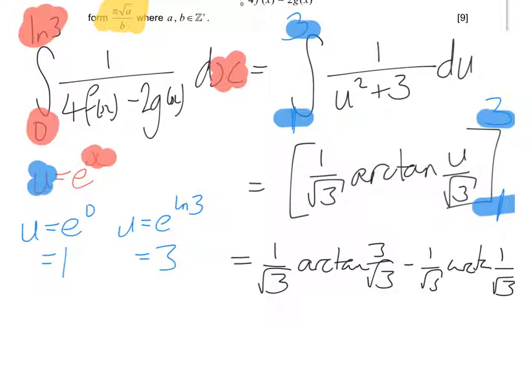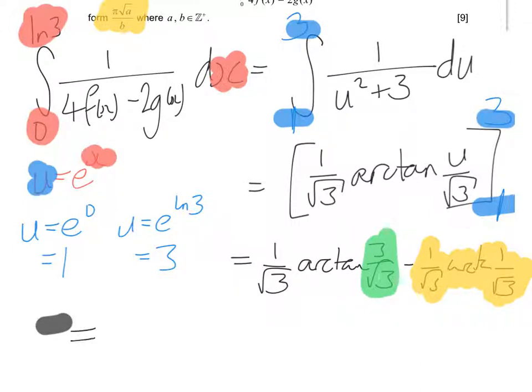Well, one of them is relatively trivial, because you should know arctan of 1 over root 3. What about the other one? This might not look obvious, but if you do a number divided by its square root, you just get that square root. 3 divided by root 3 is root 3 by definition.